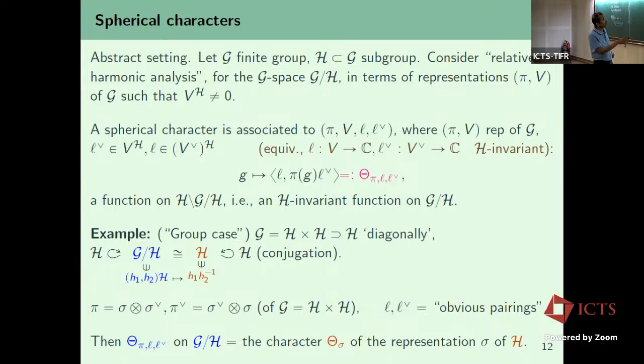So this relative harmonic analysis generalizes usual harmonic analysis, and what one might hope is that if you have a theorem on harmonic analysis, once you figure out the correct way to generalize to relative harmonic analysis, you can get papers for free. But it doesn't always work that way.